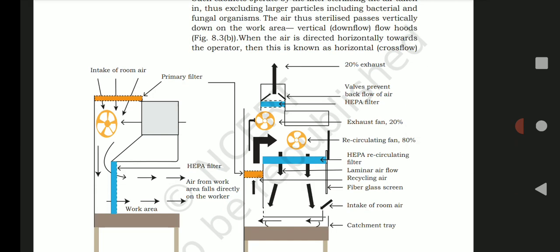Whereas in the vertical flow hood, the HEPA filter is fitted on the top and filters the air present at the back of the hood, so that the air comes in and goes out in a proper manner.